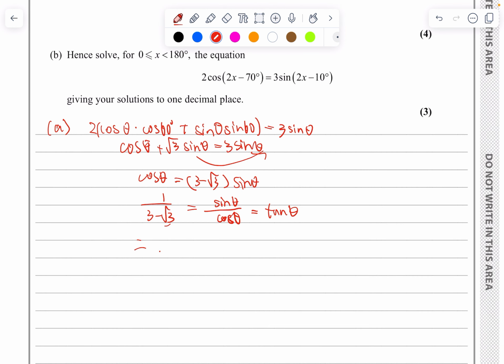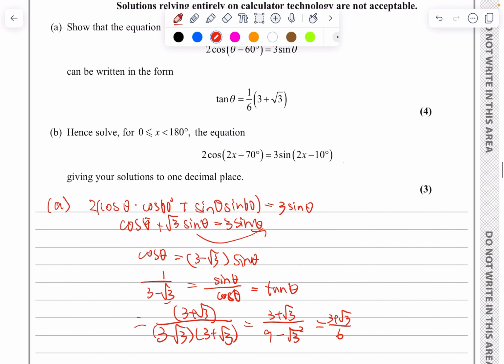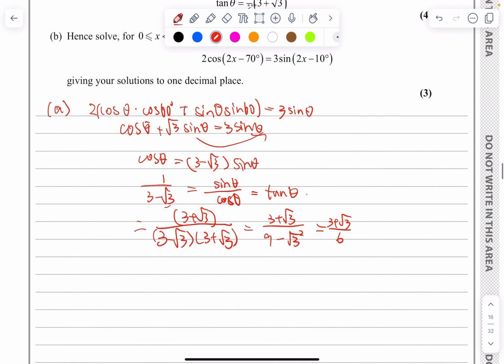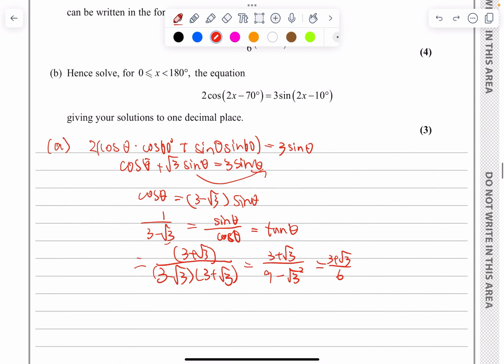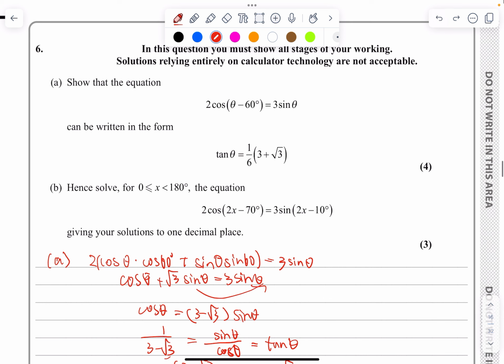I can just multiply it by the conjugate, which is 3 plus square root of 3. That cancels out the ugly stuff in the bottom. Then we will have 9 minus square root of 3 squared, that is 6, over 3 plus square root of 3. So we just proved that tangent theta equals this from our original statement.